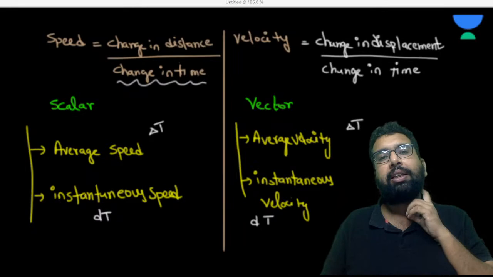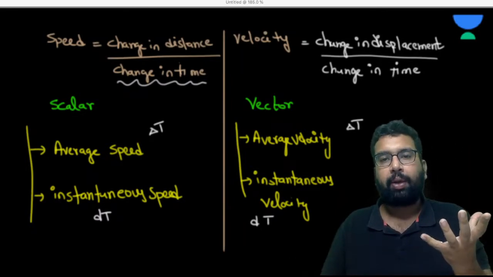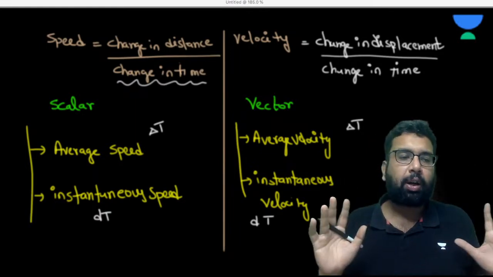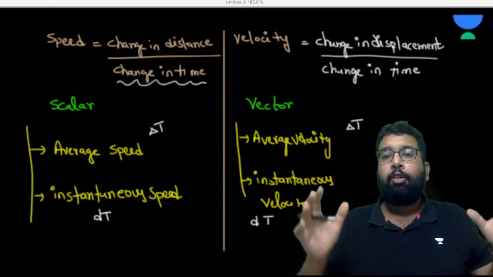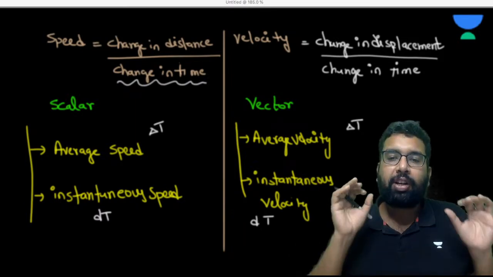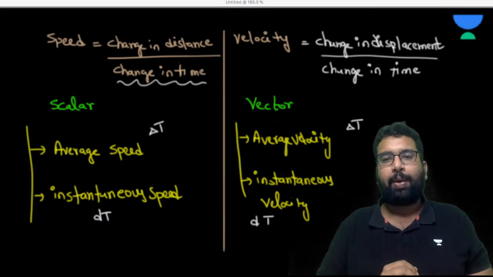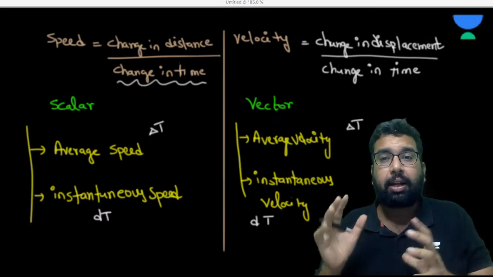So when we look at speed and velocity over a very, very small time period, a very small change of time, that is why we call it instantaneous. Instantaneous means at an instant of time.